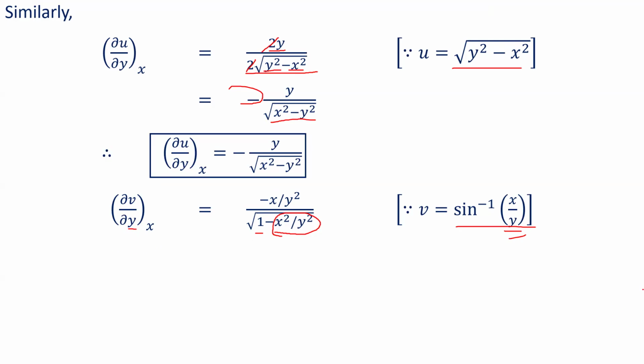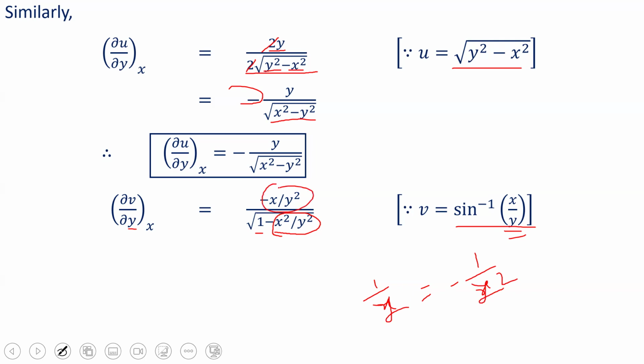What is the derivative of 1 upon x? It is minus 1 upon x square. So the derivative of 1 upon y is minus 1 upon y square. So here, x times minus 1 upon y square.